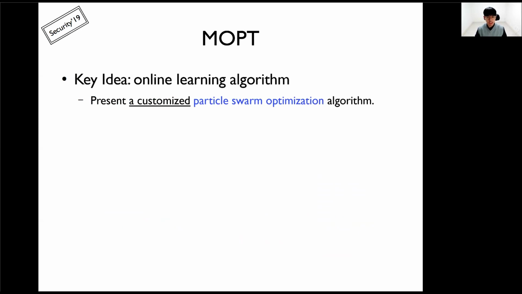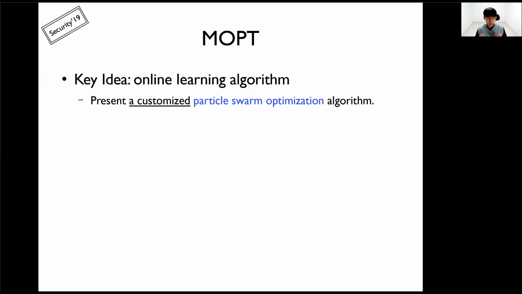And to achieve this goal, that is, to adaptively change the probability distribution of the mutation operators, the key idea of MOPT is to employ an online learning algorithm. More specifically, they present a customized particle swarm optimization algorithm, also known as the PSO algorithm.